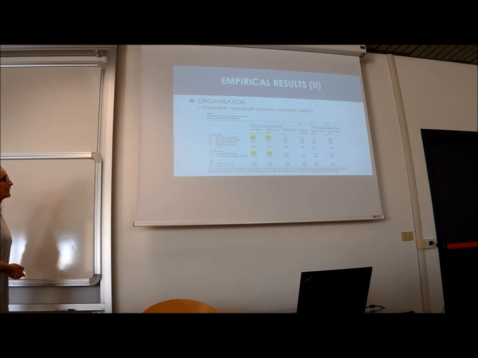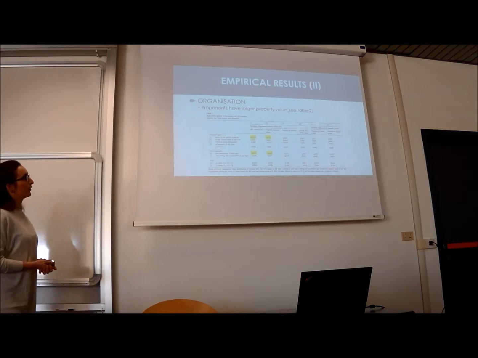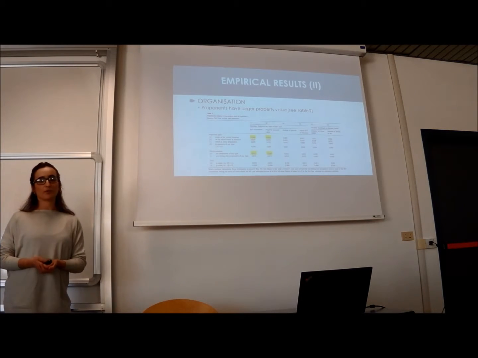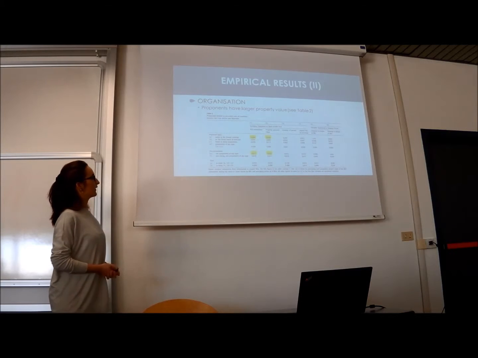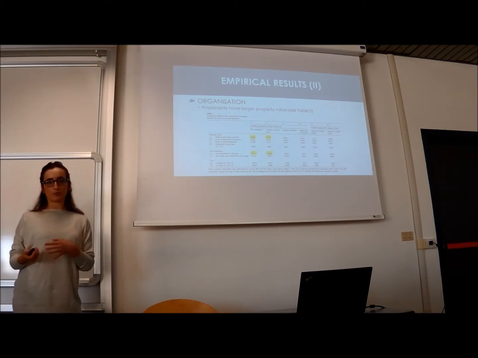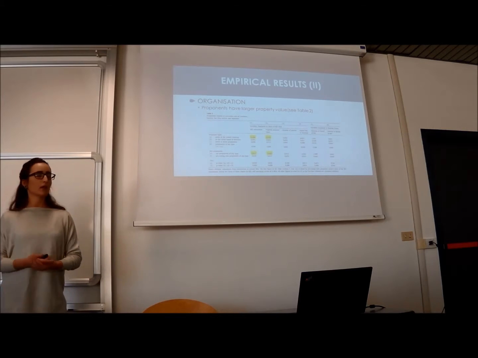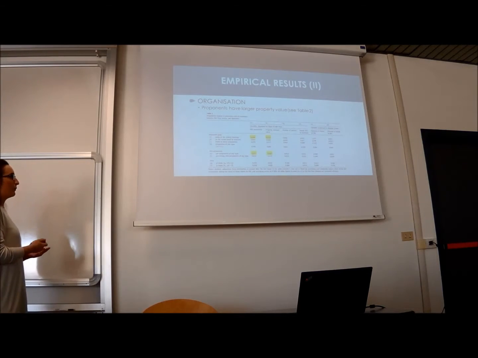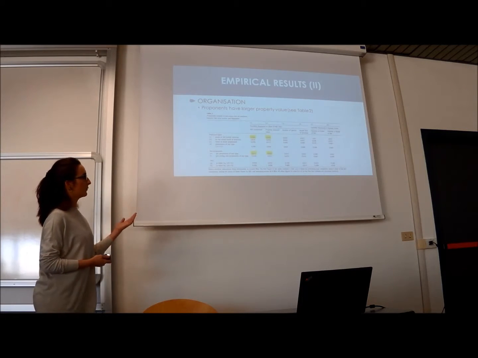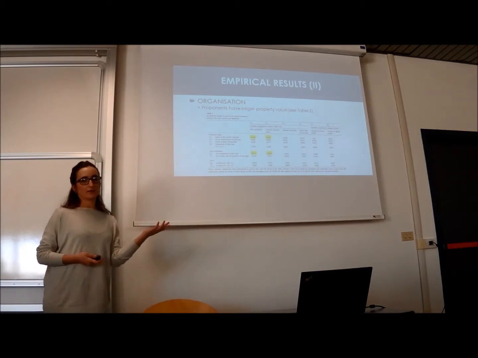In the first case, from an organizational point of view, we found that proponents have larger property values. In fact, the authors distinguished between proponent types and non-proponent types among agents, and compared them by 4 different variables which explain property characteristics.